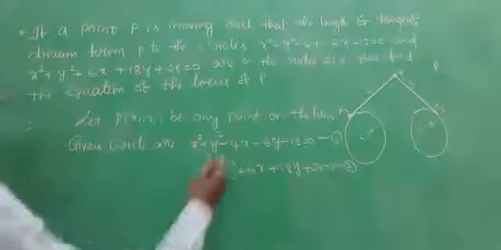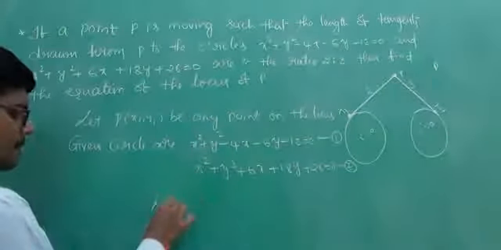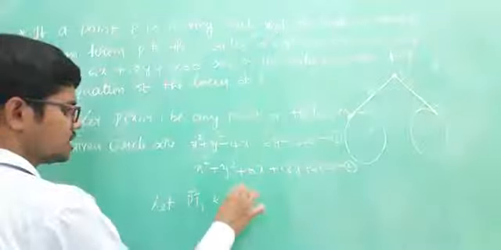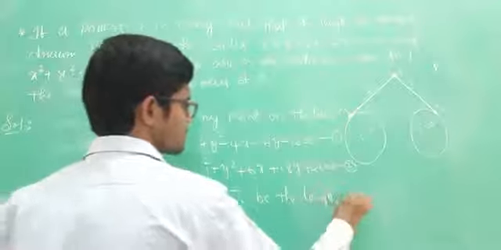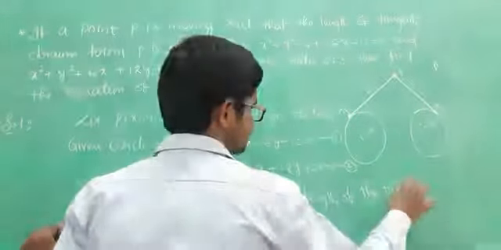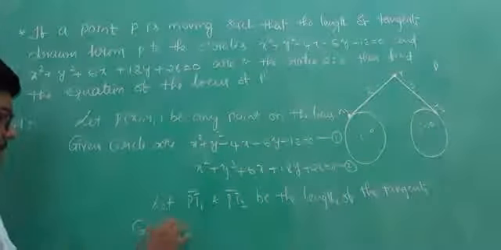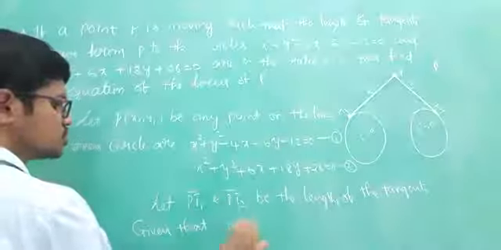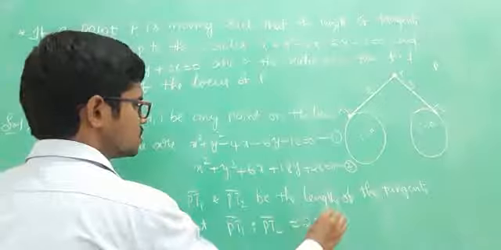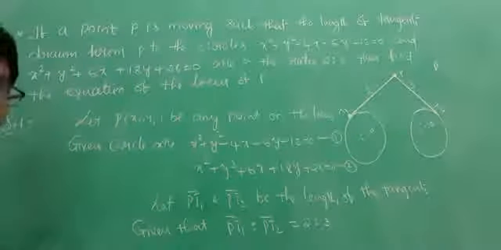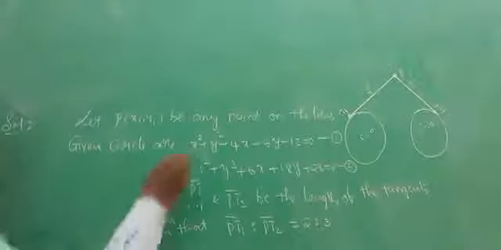That means the ratio of the lengths of the tangents PT1 and PT2 is 2:3. Given that the ratio is 2:3, now we have to find the locus of P.